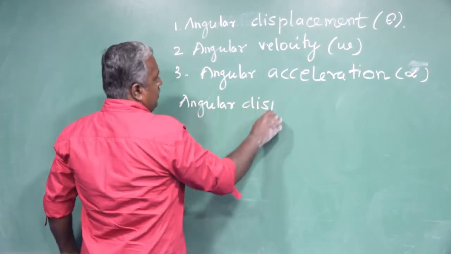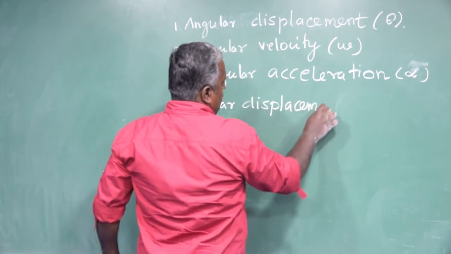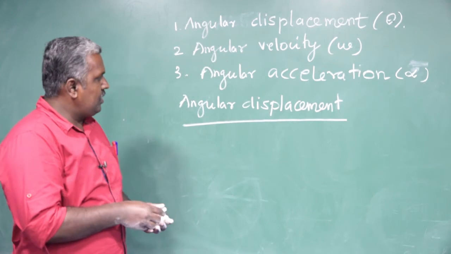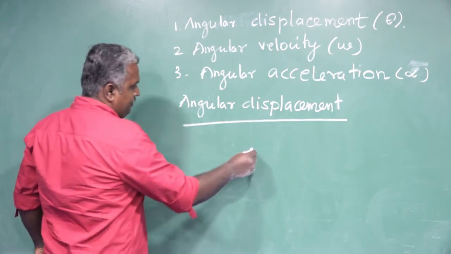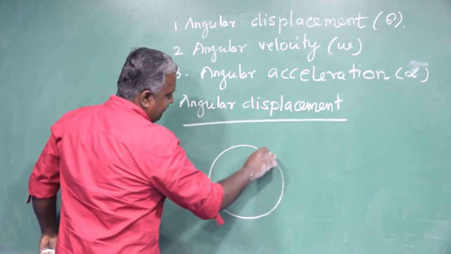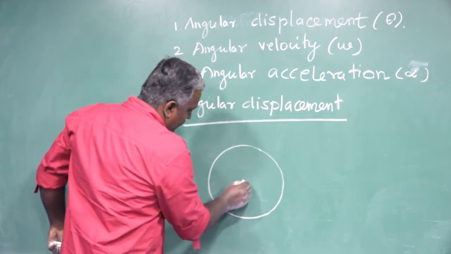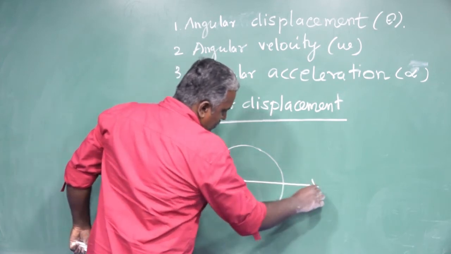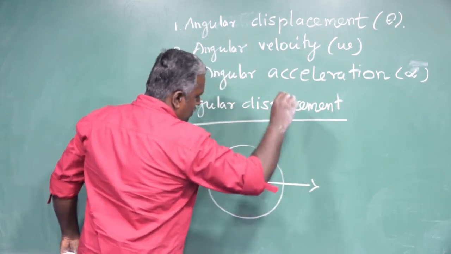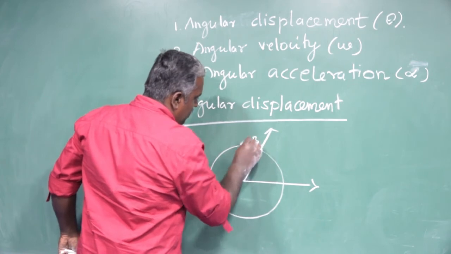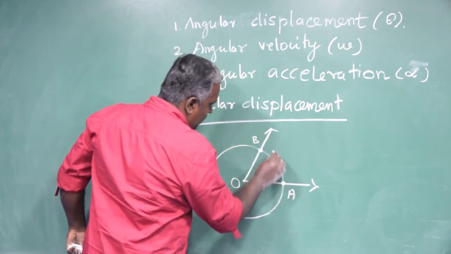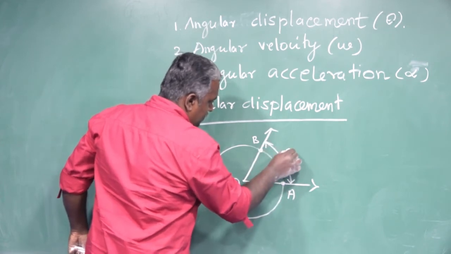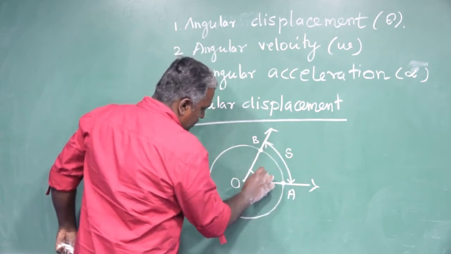First, angular displacement. Listen here. This is a circle, center of the circle. This is B. This is A. This is S or theta.